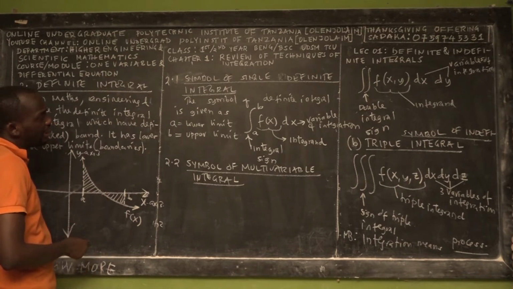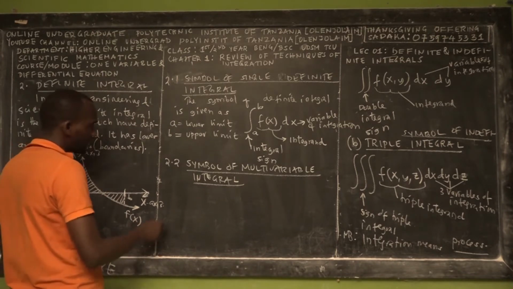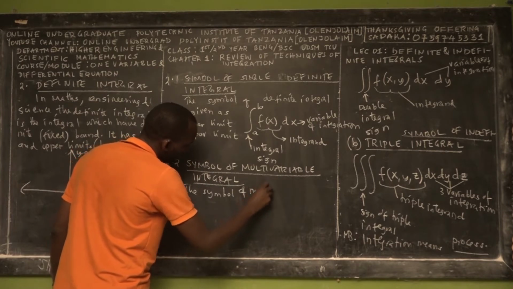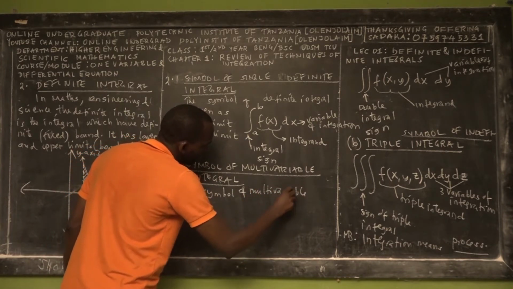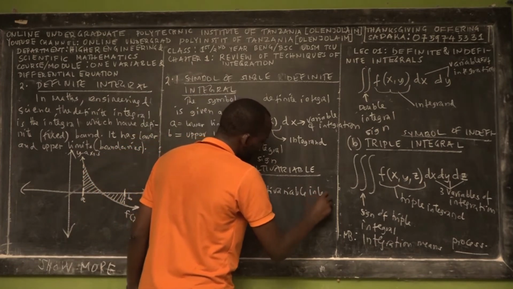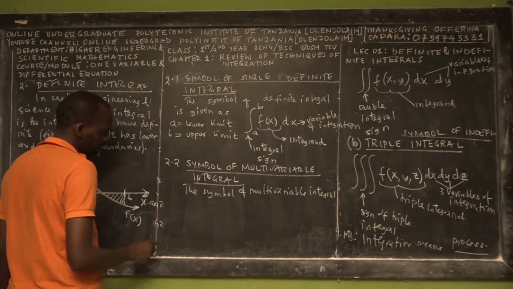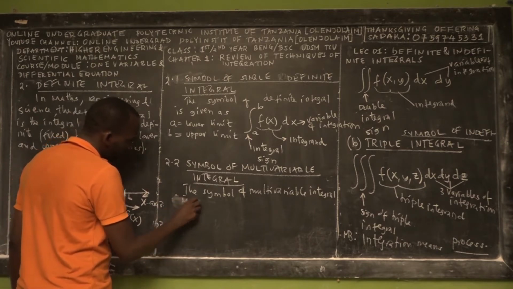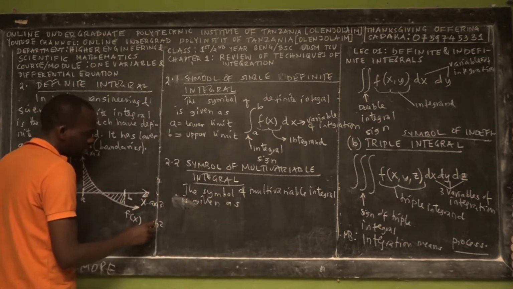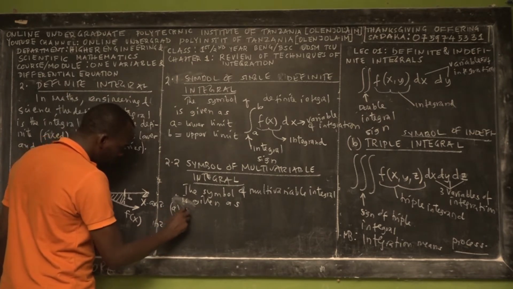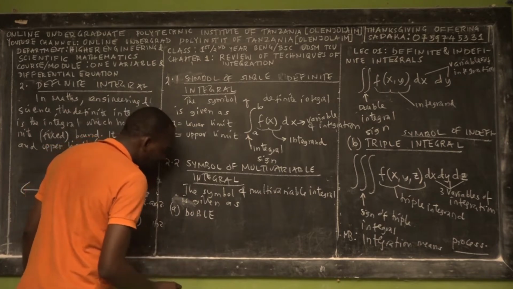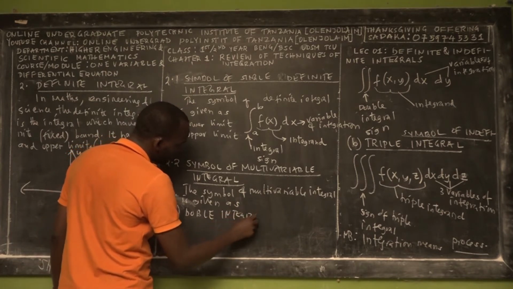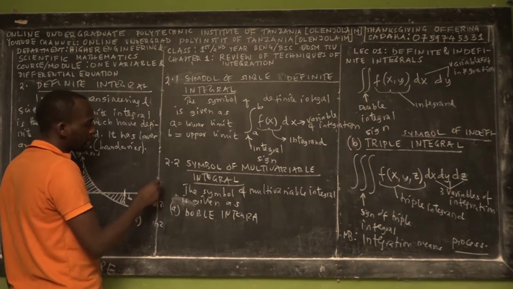So the first thing that you have to remember is that the symbol of the multivariable integral is given as, for the double integral, this is a symbol of the multivariable definite integral.